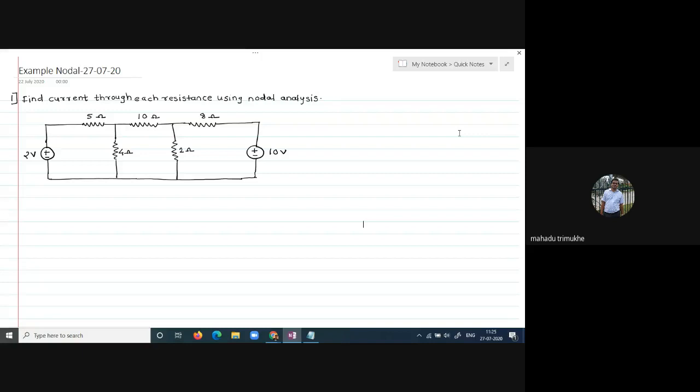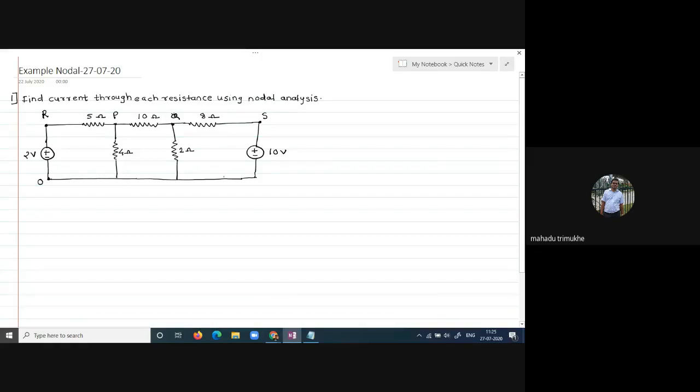So we have to mark here the nodes, what nodes are there. We have to assume node R here, here we have to assume node P, here we have to assume node Q, here we have to assume node S, and we have to assume O as a reference node here.